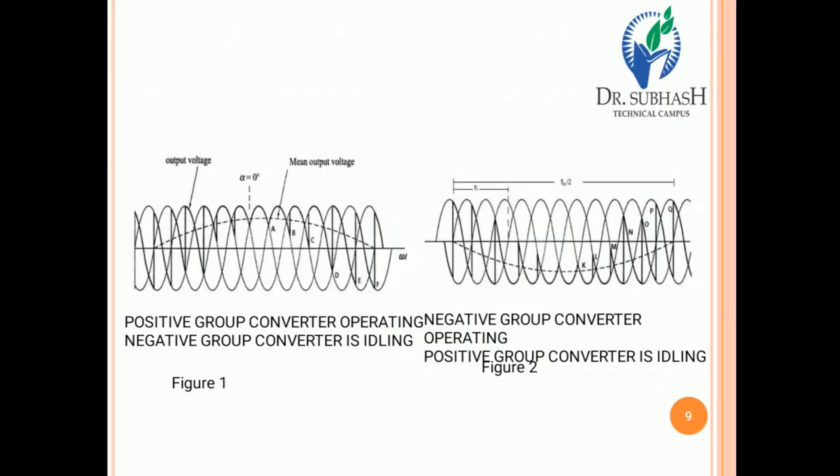In figure A, the positive group converter is operating and the negative group converter is idle. In figure B, the negative group converter is operating while the positive group converter is idle. In both cases, first the positive group converter is operating, and second the negative group converter is operating.